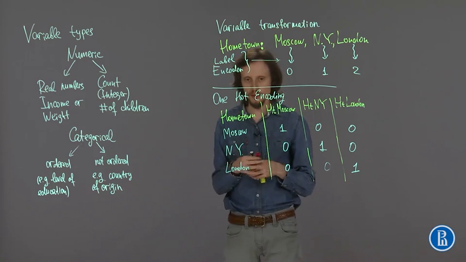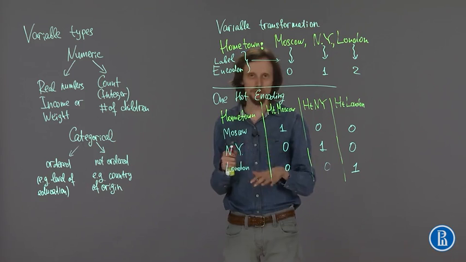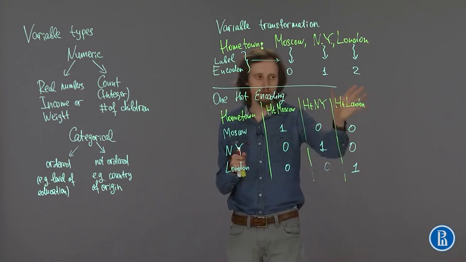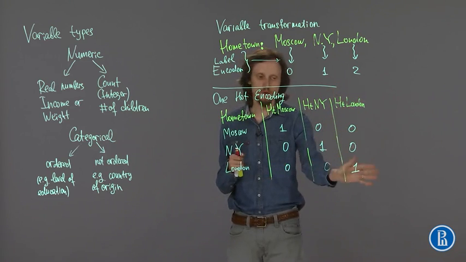In statistical settings, it is also useful to consider so-called dummy encoding. Dummy encoding is just the same thing as one-hot encoding, but we remove one of the columns of the transformed data. For example, this column.